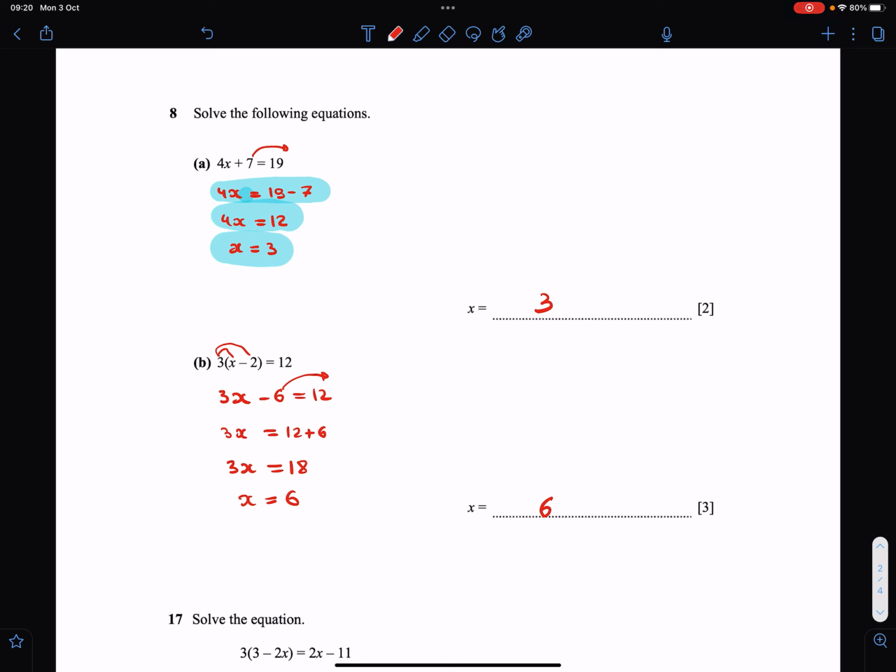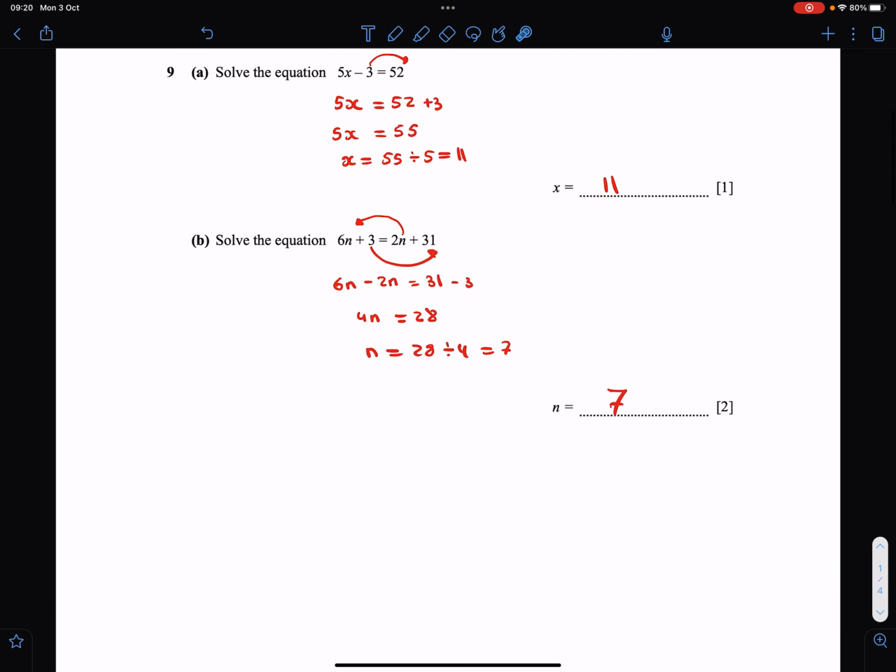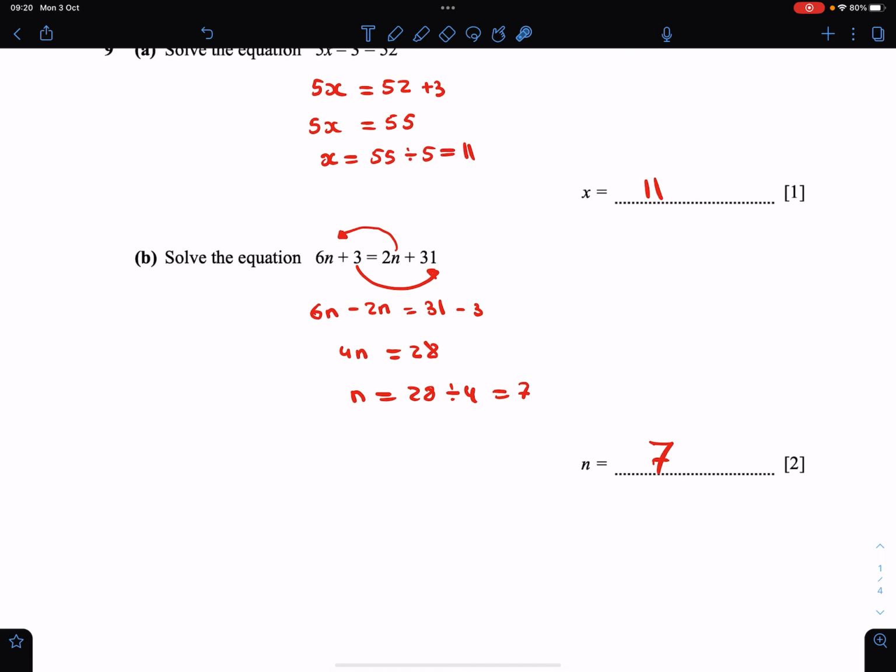But for equations, you can check your answer at the end by substituting it back into the original equation. So for this question, you take 7 and write it instead of n over here and over here.